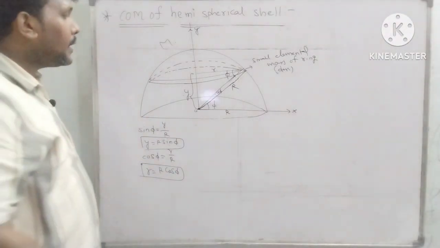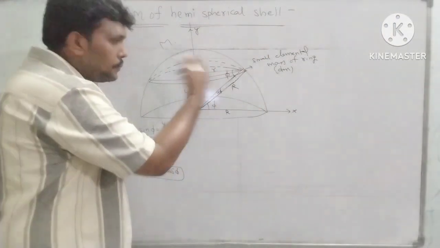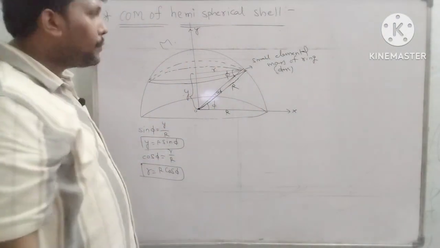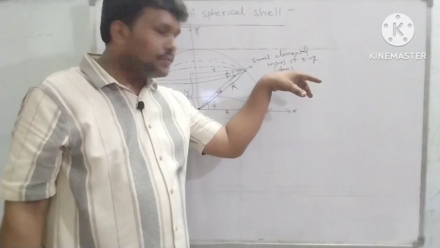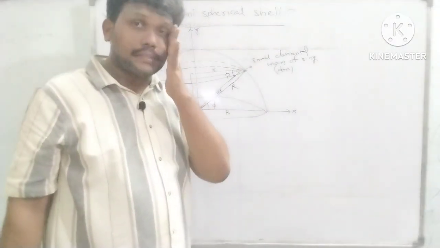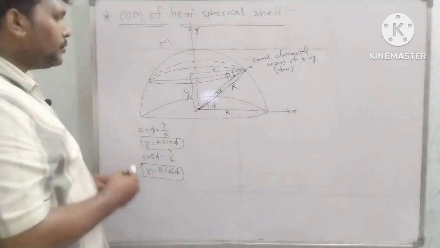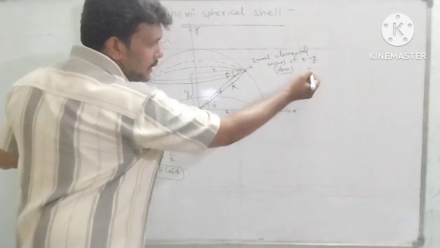But if I want to find the center of mass of this hemispherical shell, I want to find out small dm also. Without finding out the small elemental mass, we cannot find the center of mass. So what should we do? I want to find out the small elemental mass dm.